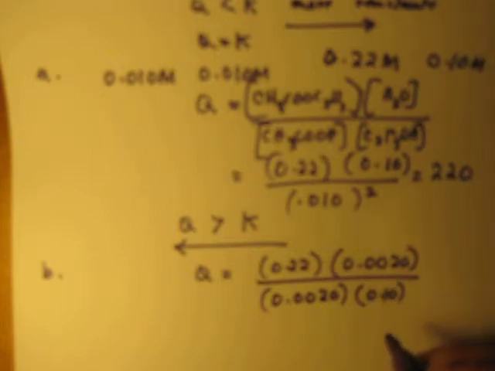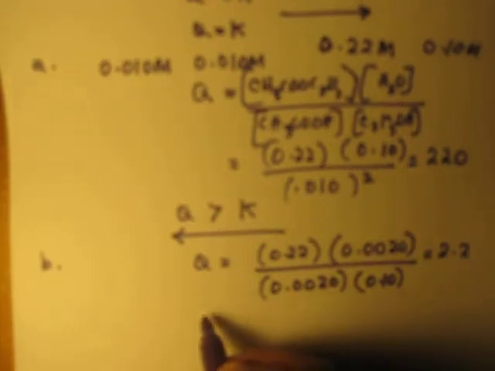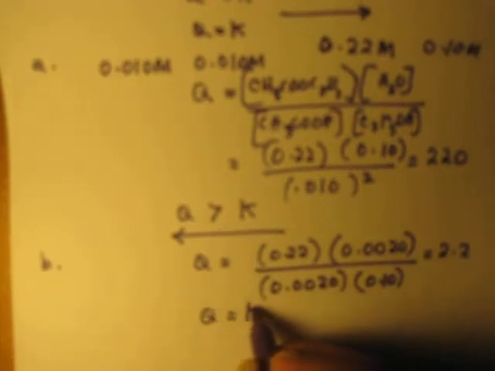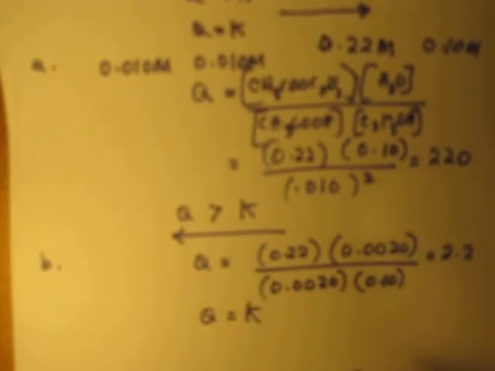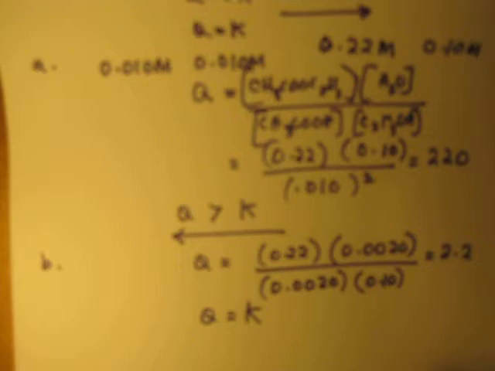So that's your B. When you solve this, you get 2.2, which means Q is equal to K. So the system is at equilibrium, so H2O concentration will remain constant. So this is how you handle this question. C and D you can do yourself.